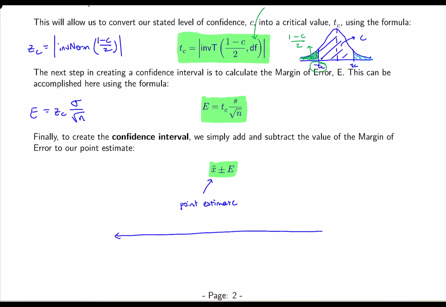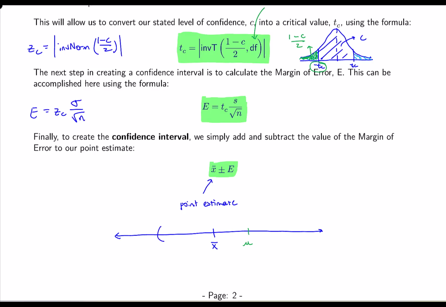So your sample mean is one value, and your population mean could be somewhere else. I mean, it could be something else. But you're trying to estimate the value of this population mean with the value of x bar. But it's very unlikely that x bar actually equals mu.